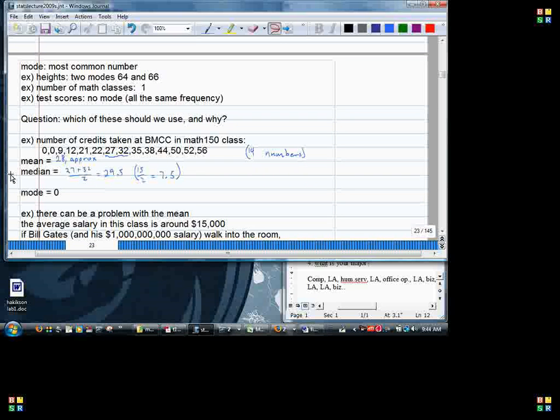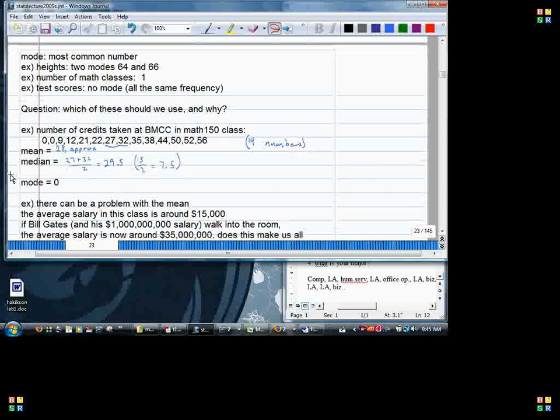We're going to save the discussion for whether or not this is fair for another time. Bill Gates earns about $1 billion a year. Bill Gates and his $1 billion salary walk in the room. What is the average salary in this room now? Well, you take $1 billion plus all the couple dollars that we make, and we divide it by like 25 or 30.